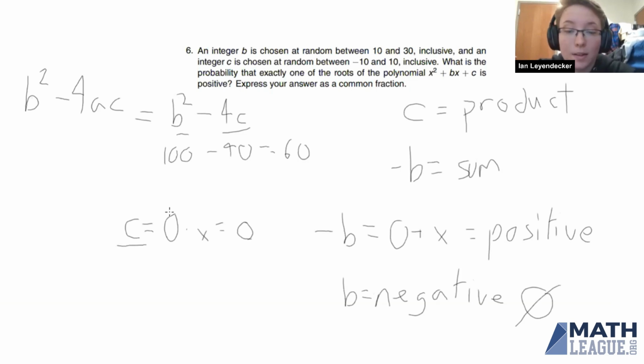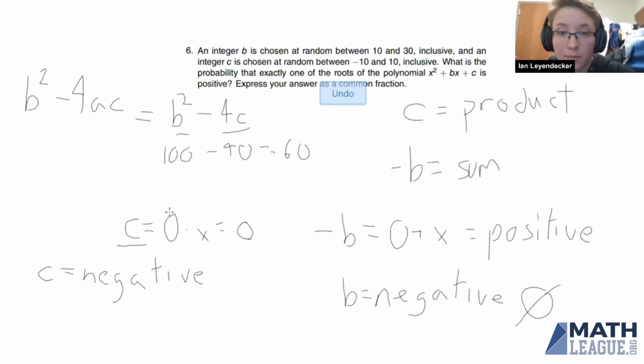And c can't be positive, because if c were positive, then either both of the roots would have to be positive or both of the roots would have to be negative, which we're not looking for. So c must be negative. And we see that there are 21 possibilities for c, and 10 of those are negative when c is in between -10 and -1 inclusive.